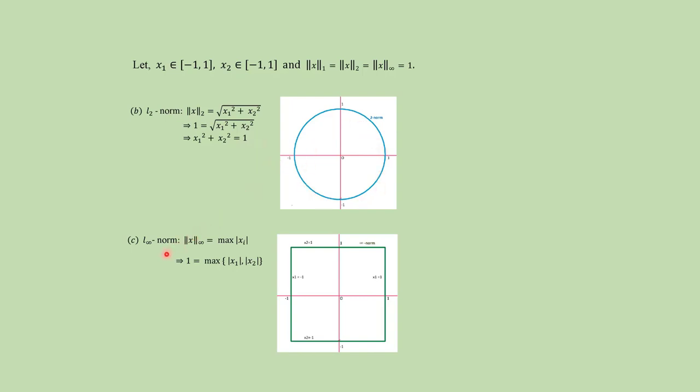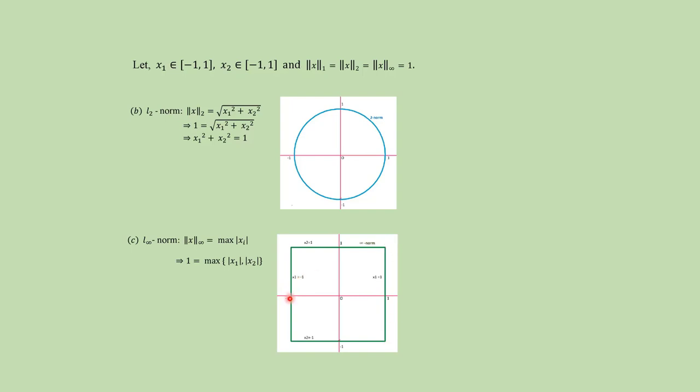Now to draw the L infinity norm, we take the maximum of x1 and x2. When x1 is 1 and x2 varies from -1 to +1, then we get this equation. So for this straight line, x1 is 1 and x2 varies from -1 to +1.